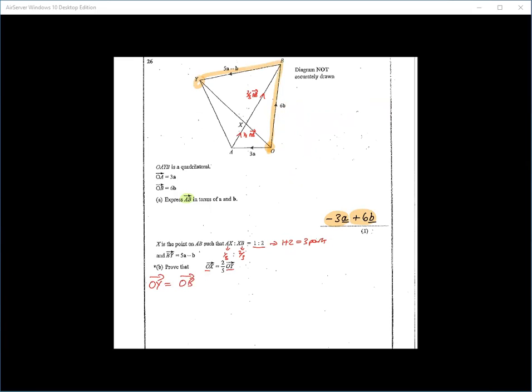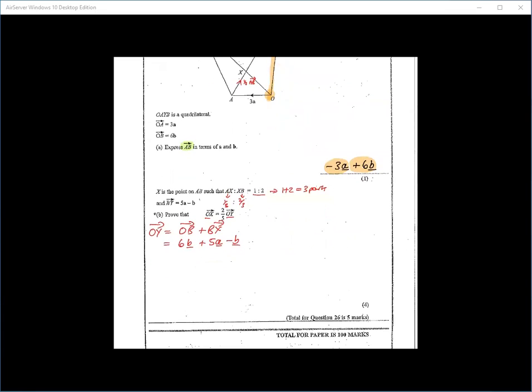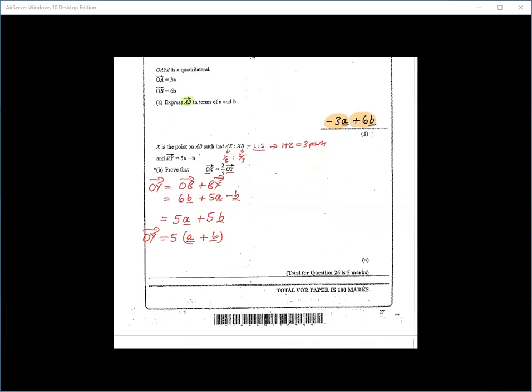O to B plus B to Y. Okay, what's O to B? 6B. And what's B to Y? 5A minus B. That gives you 5A plus 5B. And can we factorize that? 5 bracket A plus B.